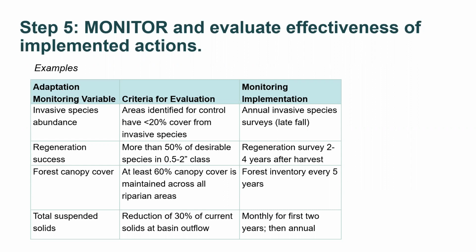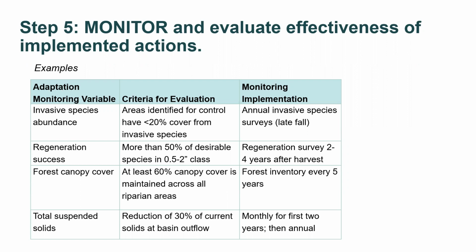We've had projects that looked at invasive species abundance, a general goal-level statement about something that matters, and then the criteria are a bit more specific: identifying areas for invasive species control and surveying them annually to document whether those areas are coming in below the 20% cover of invasives threshold.